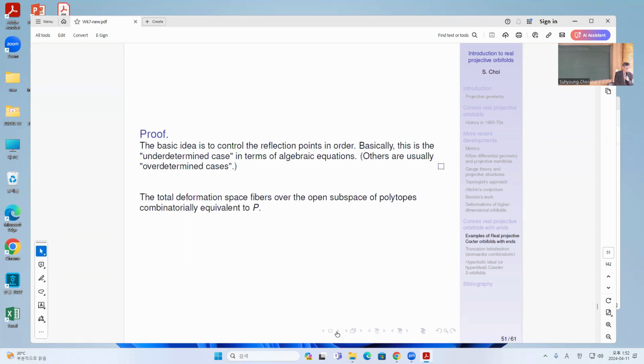So then this total deformation space will fiber over some open subset of the space of polytopes combinatorially equivalent to P. When I say fibers, I mean that it's not really a fibration. It's just that some sort of mapping exists with constant dimensional fiber. Those are the first ones we can study.